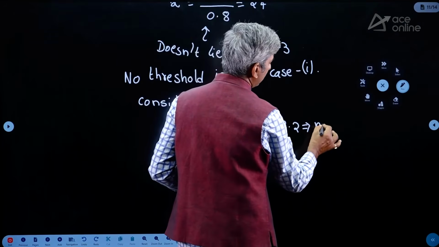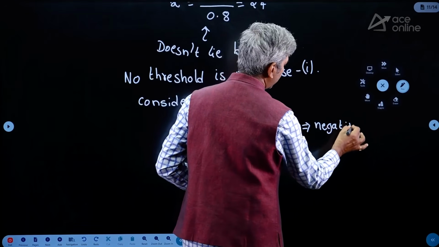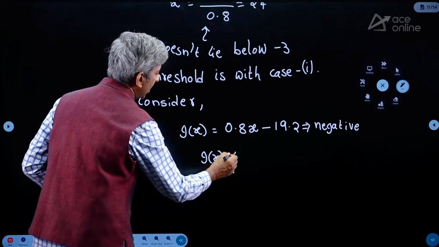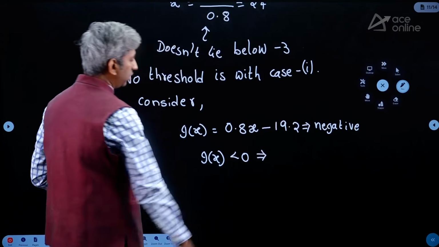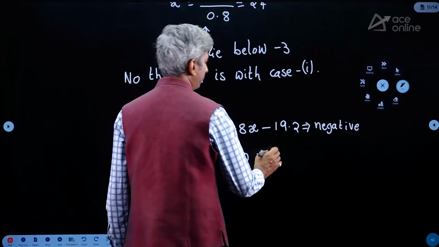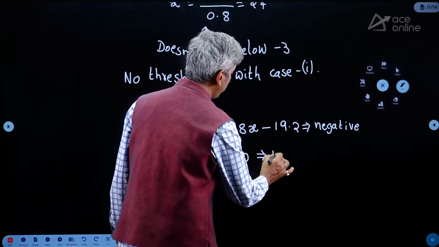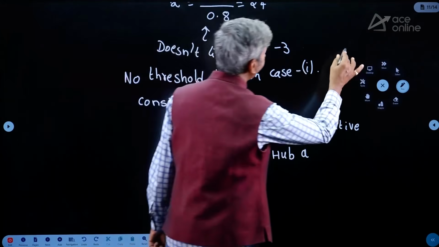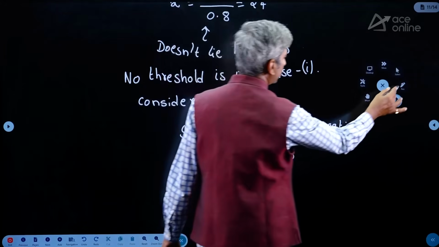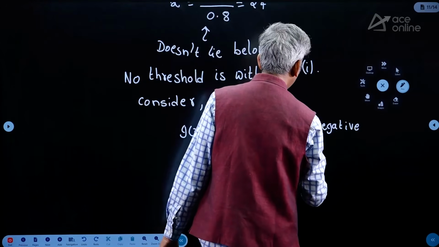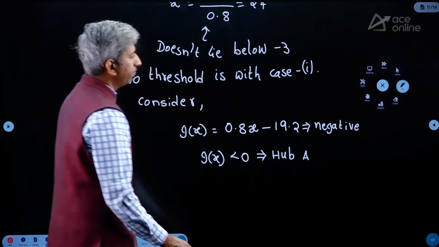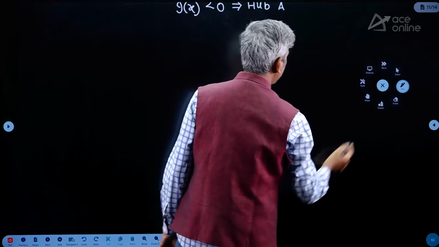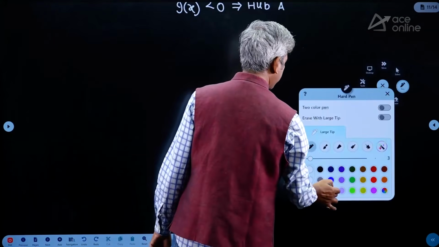What do you mean by that? Associated with case 1, the corresponding g of x is less than 0 and case 1 is always assigned to hub A. Any value that is associated with case 1 is assigned to hub A. Now come to case 2. Let us analyze our second case.